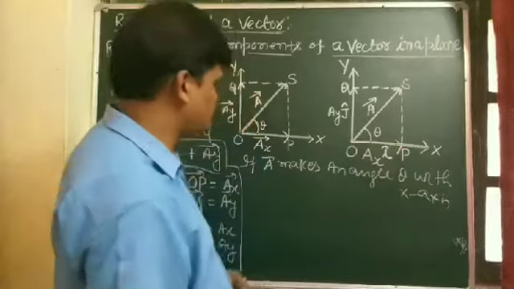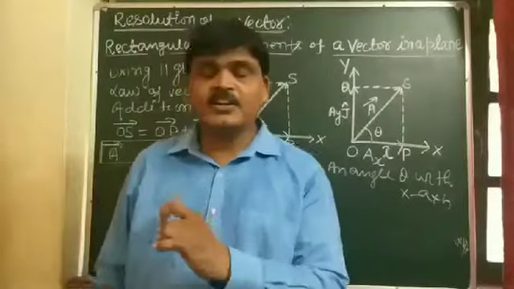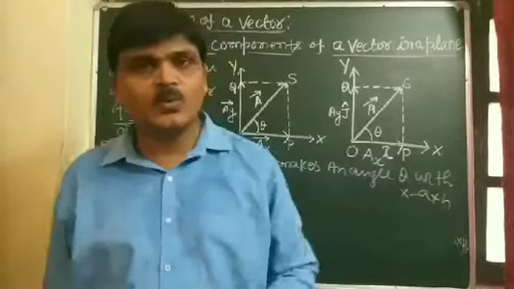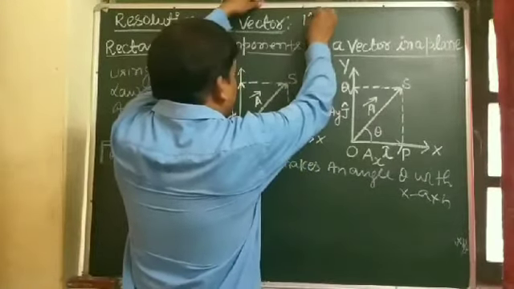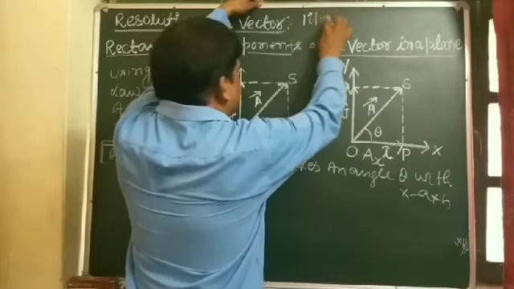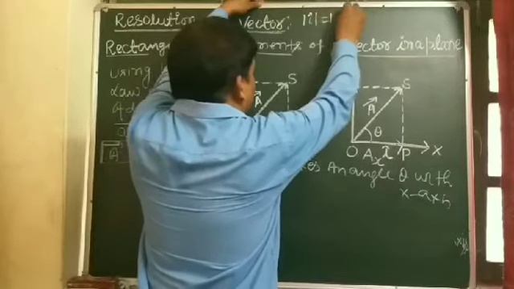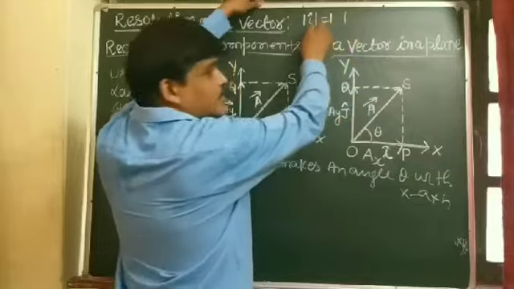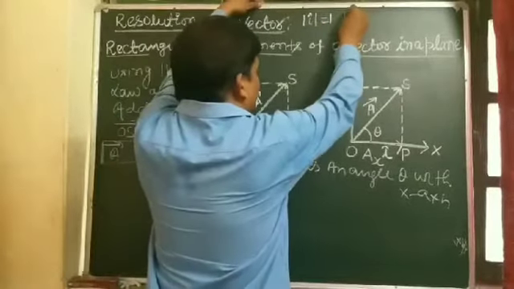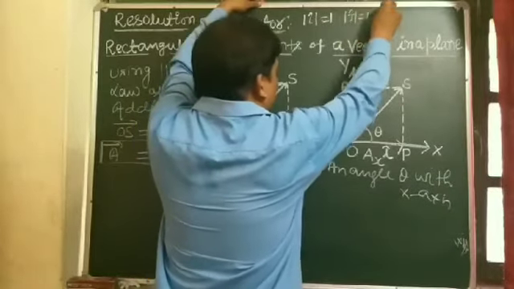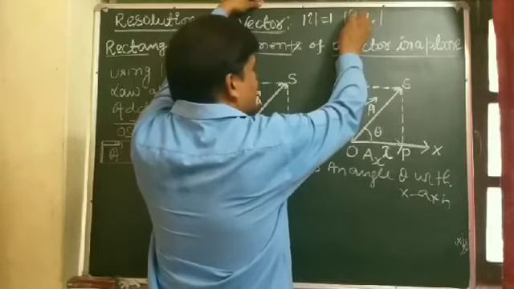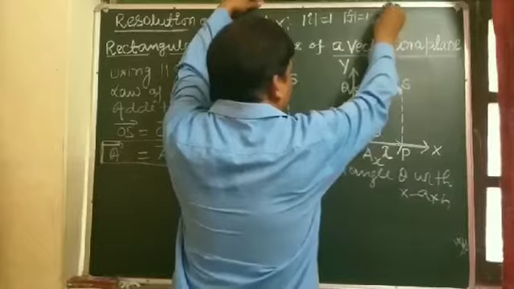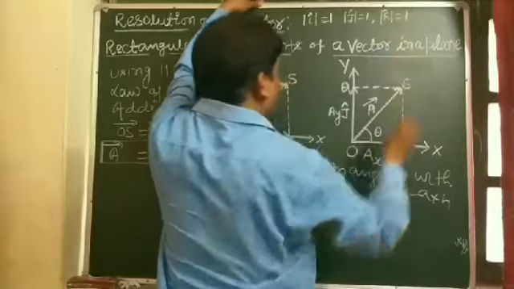And student, also you know that the magnitude of a unit vector is 1. So you already know that for unit vector i, mod i, the magnitude of i vector, is 1. The magnitude of unit vector j and of unit vector k is also 1.